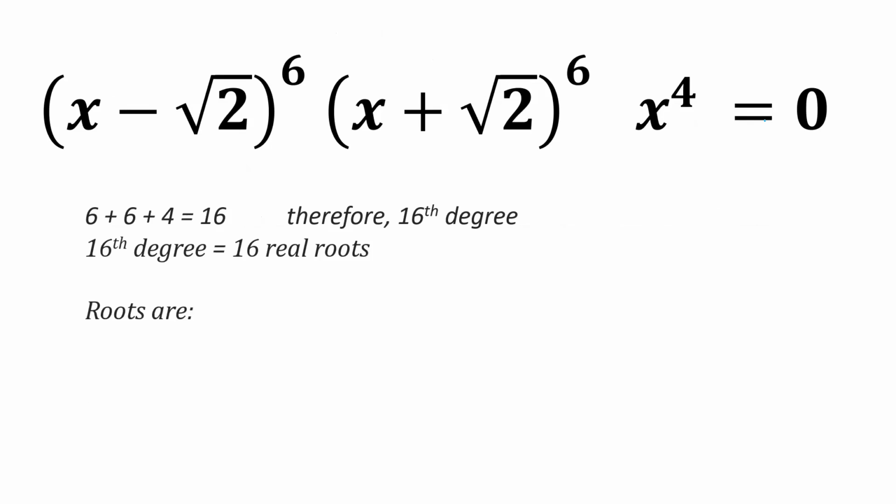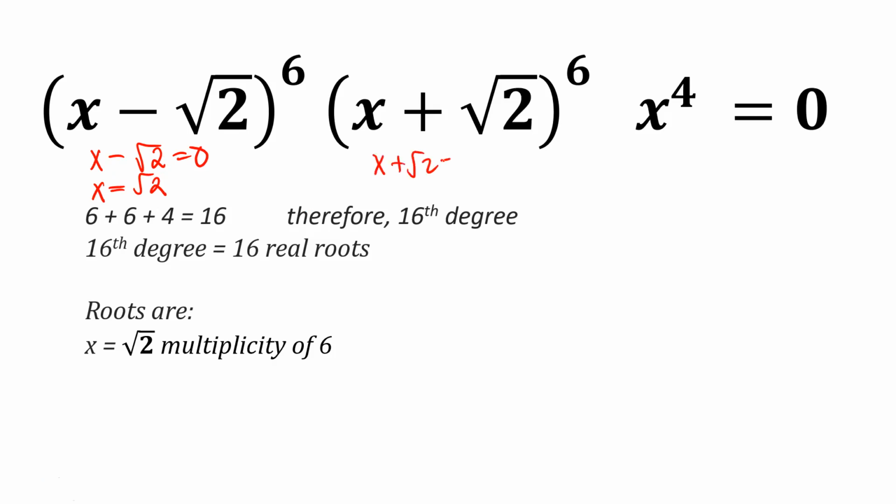So, what are the roots? So, gamit tayo ng ZPP, the zero product property. So, magiging x minus square root of 2 is equal to 0. Transpose natin, x is square root of 2. So, meron tayong x equals square root of 2 with multiplicity of 6. Next, x plus square root of 2 is equal to 0.